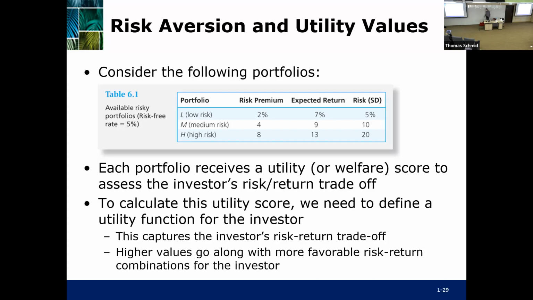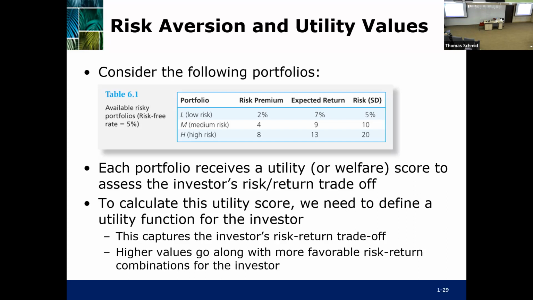So this example consists of 3 portfolios, portfolio L, M, and H, low, medium, and high risk. They have expected returns of 7, 9, and 13%, and risks of 5, 10, and 20. So now we want to understand which portfolio an investor would like most, which one he prefers.